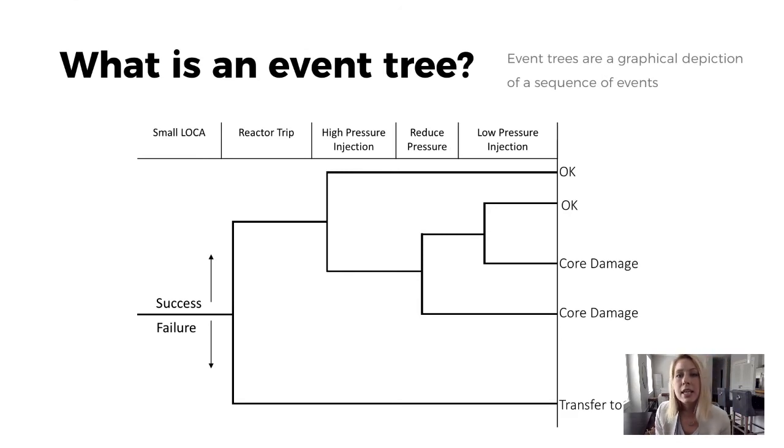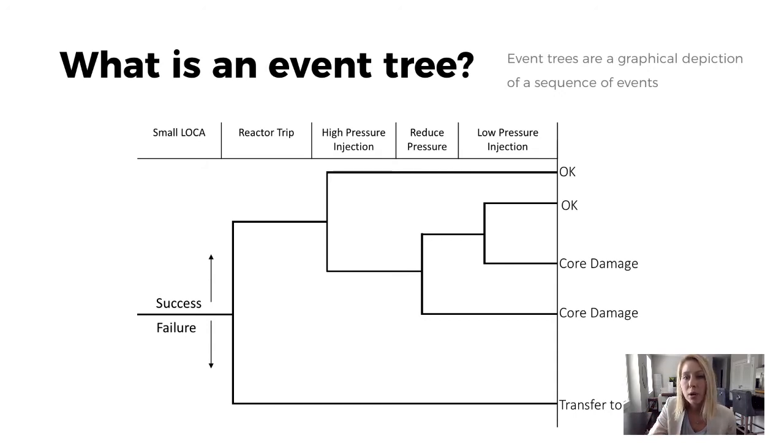So as I said, the event tree is a graphical depiction of a sequence of events. And so let's take a look at how we could apply this event tree to a small break, loss of coolant accident, or what's known as a LOCA. So most event trees are laid out just like this, and along the top we're going to list the phases of an event.